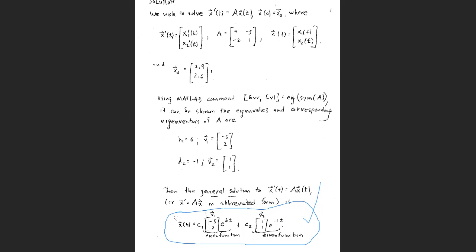That's right, very good. We have to solve for the constants C1 and C2, those parameters there. And we're going to use our initial condition: x1 of 0 equals 2.9 and x2 of 0 is equal to 2.6.